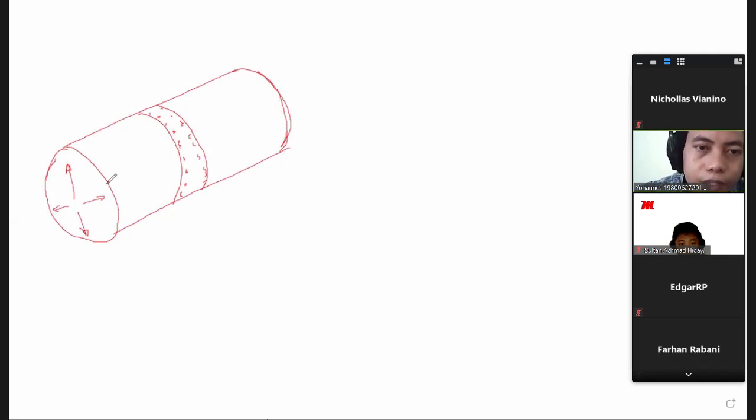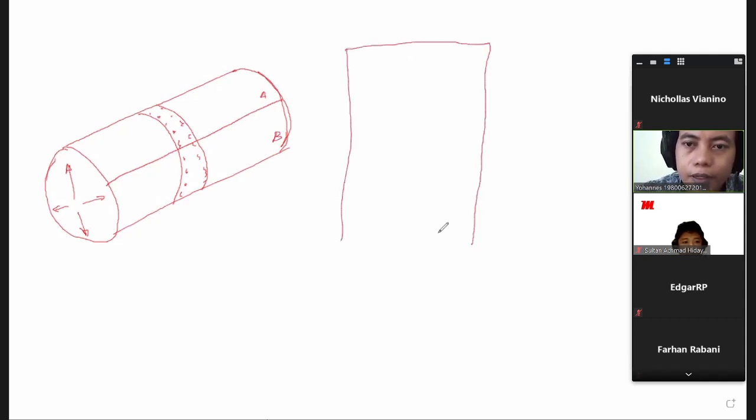So if we slice or cut this tank and open it up, this is A and this is B, and we open up this tank, and here we have A and B, and here we have the joined part.